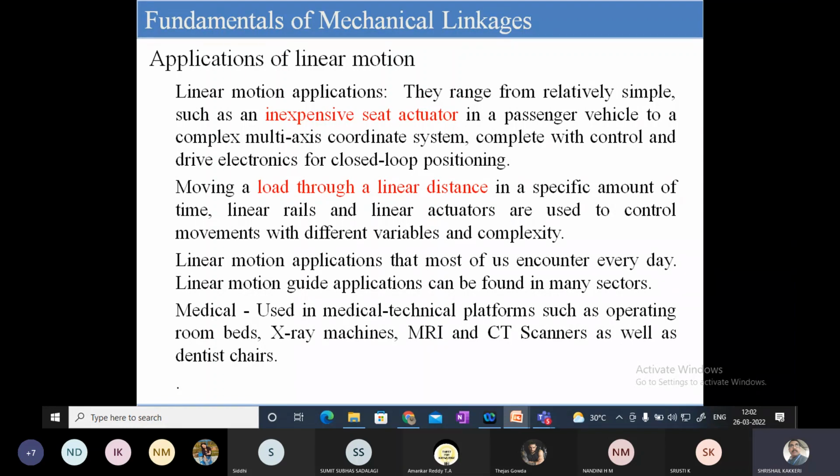In fact, these are not operated manually. They will be operated by using electrical devices, and their actuations will be converted into linear motions, so that the required movement of the parts within the equipment can be obtained. This is about the medical applications.